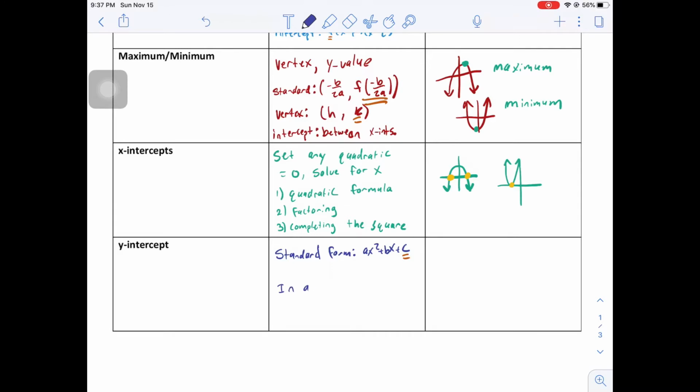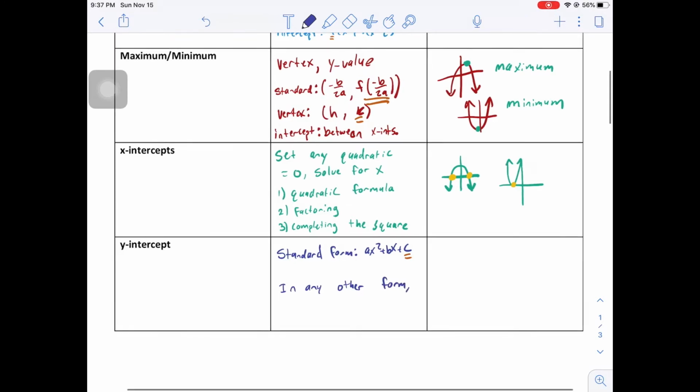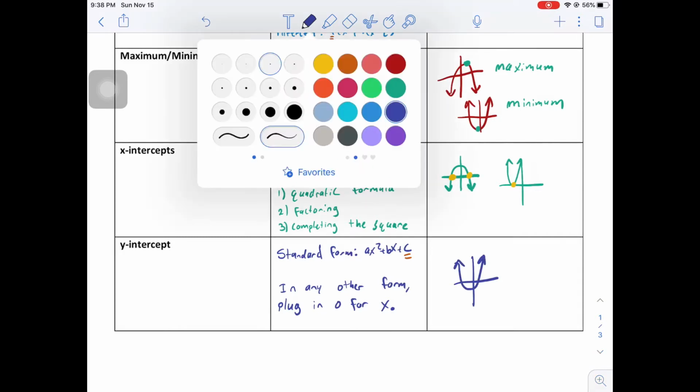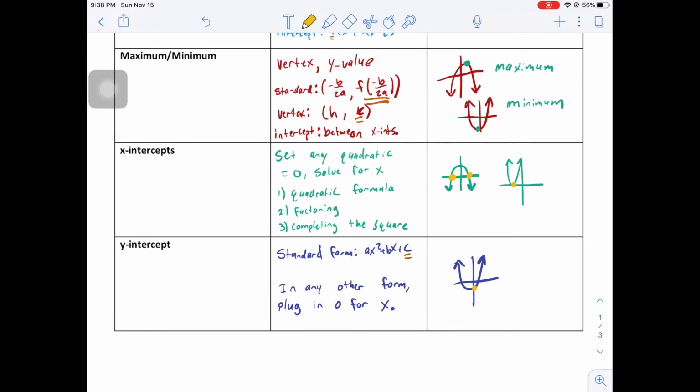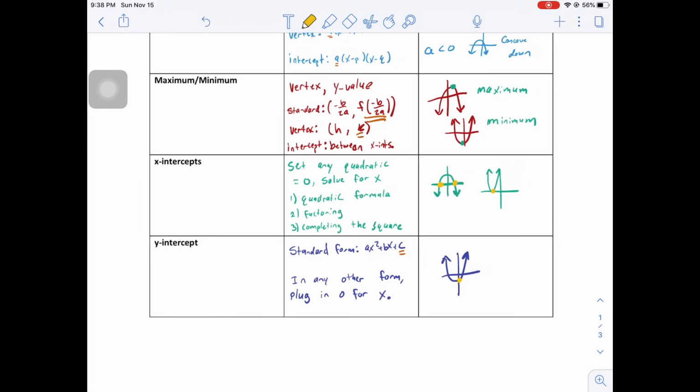If we are not in standard form, so in any other form, you just plug in 0 for x. That would give you the y-intercept, right? And where do y-intercepts exist? They exist wherever the quadratic is crossing the y-axis.